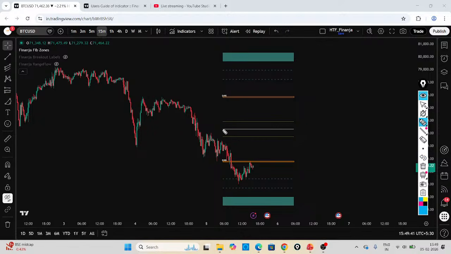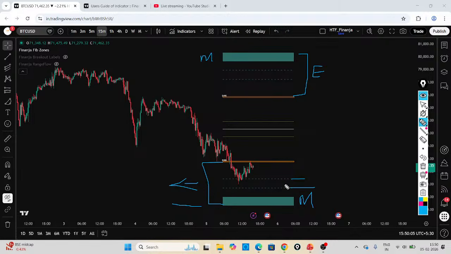These are the Fibonacci zones only. These are the Fibonacci extension zones, and I'll say these are the magnetic zones. This is also a magnetic zone on the downside, but these are the Fibonacci extensions only. Based on extensions, I built this one. And these are the smart levels, I can say.